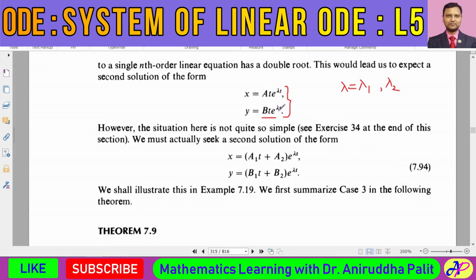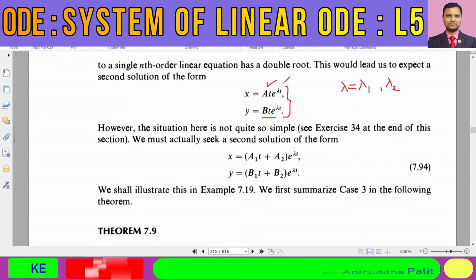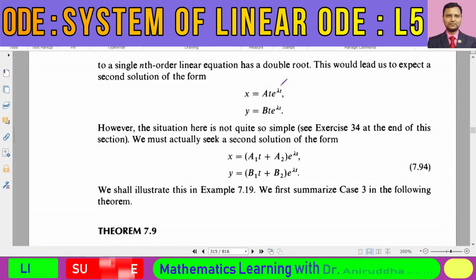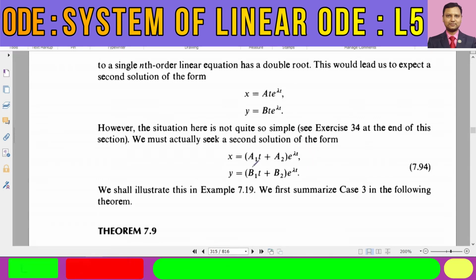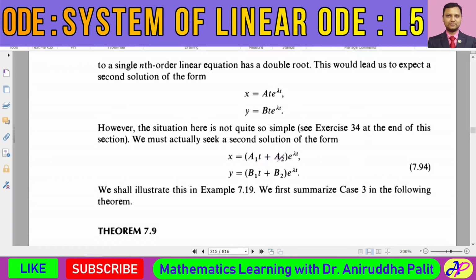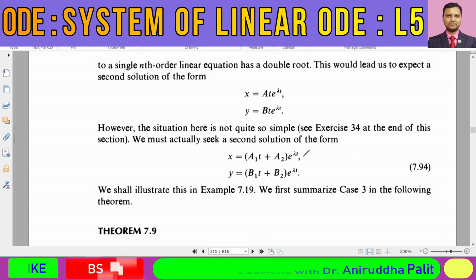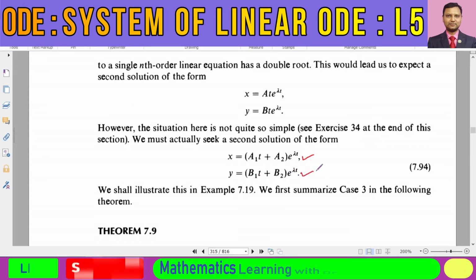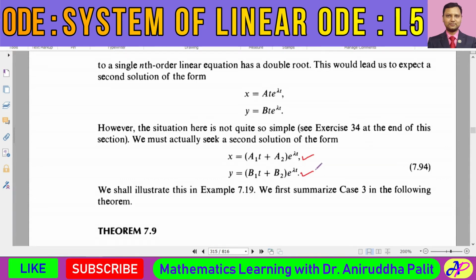I am not going to prove them; you can go through these calculations. Another set of solutions would look like this: a1 multiplied by t plus a2 into e to the power of lambda t, and the second one would be b1 into t plus b2 into e to the power of lambda t. These are the two possible solutions.